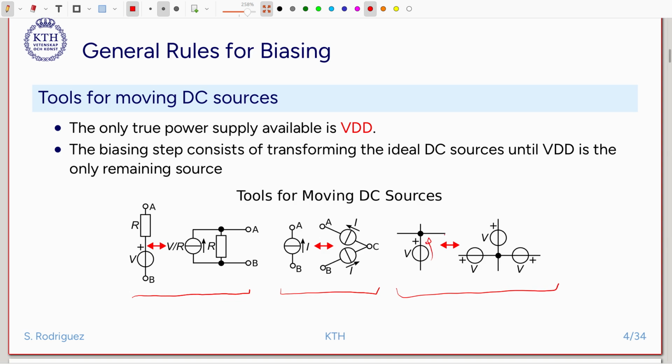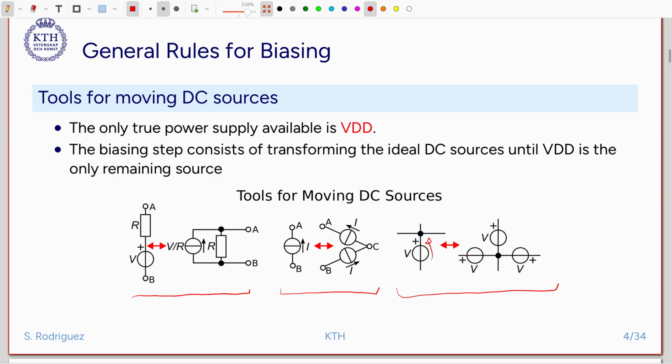It can be pushed into this node and then it appears as several sources on the other side. So those are the basic tools that we are going to use to move DC sources around our circuits, and that is going to be extremely powerful.